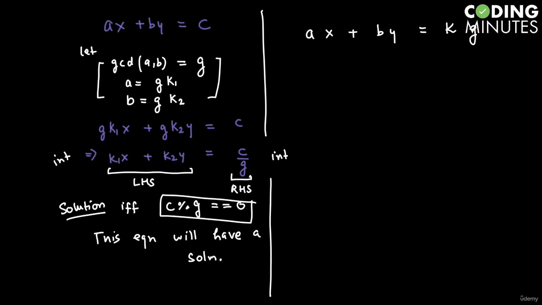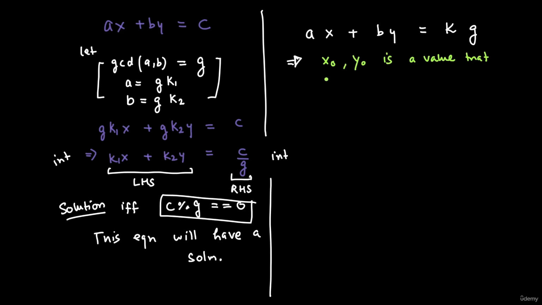Now, from what we have learned in the extended Euclid algorithm, we have already seen how to solve an equation of this particular form. Let us say x naught and y naught is a value that solves the given equation.